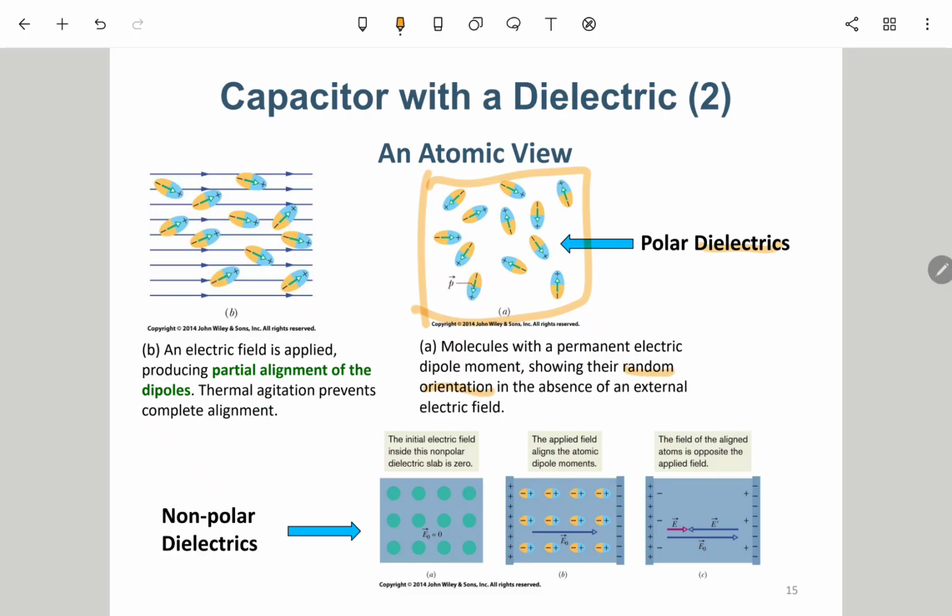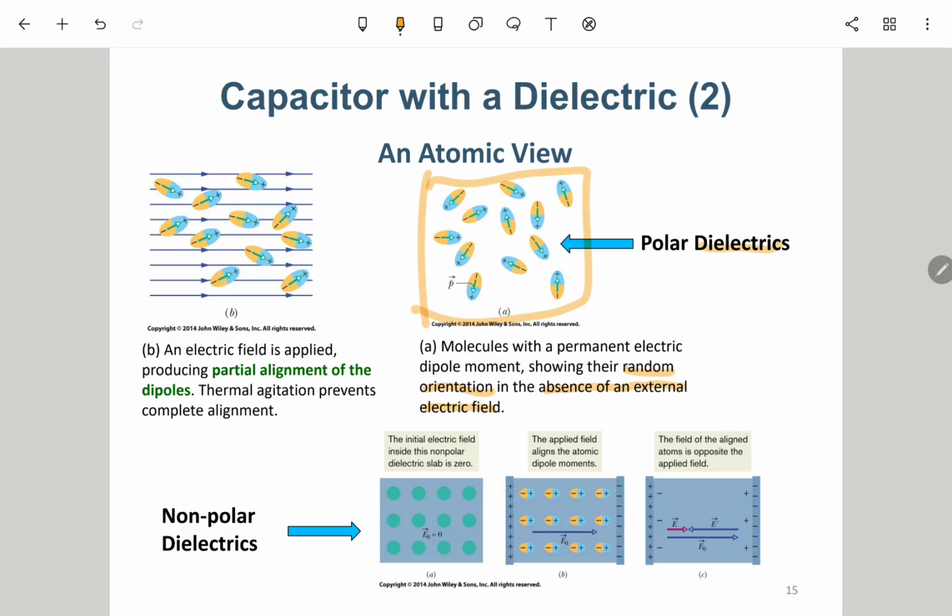In the absence of an external E field, the dipoles will be randomly oriented, and the E fields they generate will tend to cancel out, so they generate no net E field.